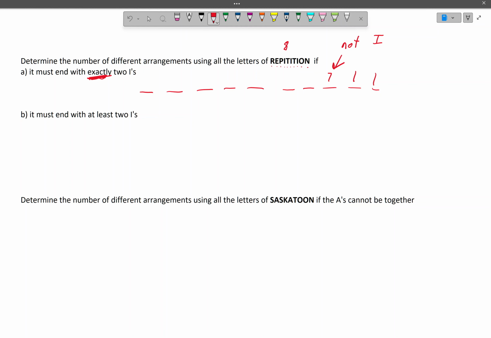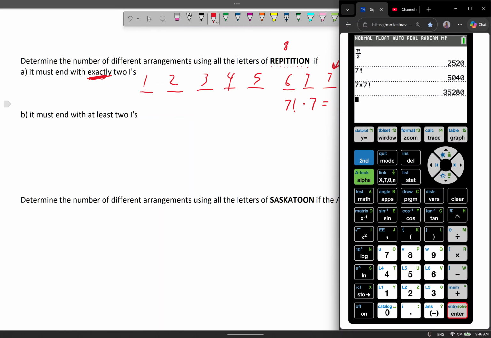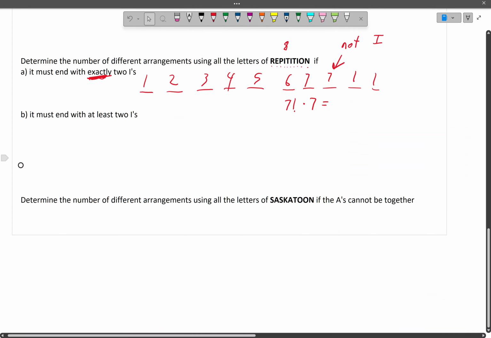Then you can pick anywhere else, and I'll go this direction just because I started on that side, and we can count down. And so if it's exactly two I's, that's what we're showing here, which is 7 factorial times 7. So 35 to 80.